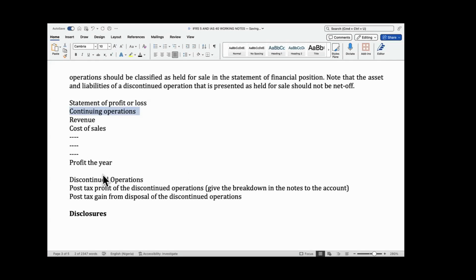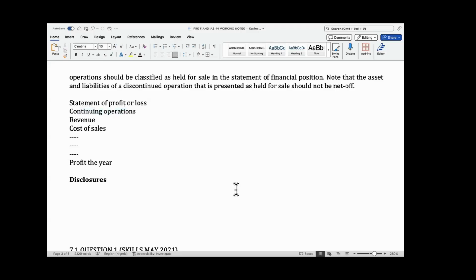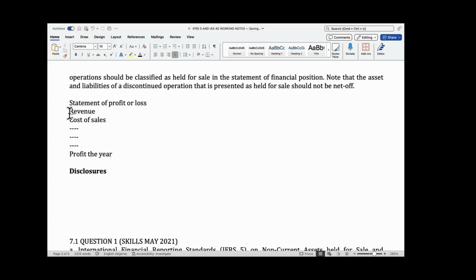If not for the fact that you had a component of your entity that you want to sell, this one would not have been there at all. You don't even need to put discontinued there. You will have just prepared your statement of profit or loss normally.